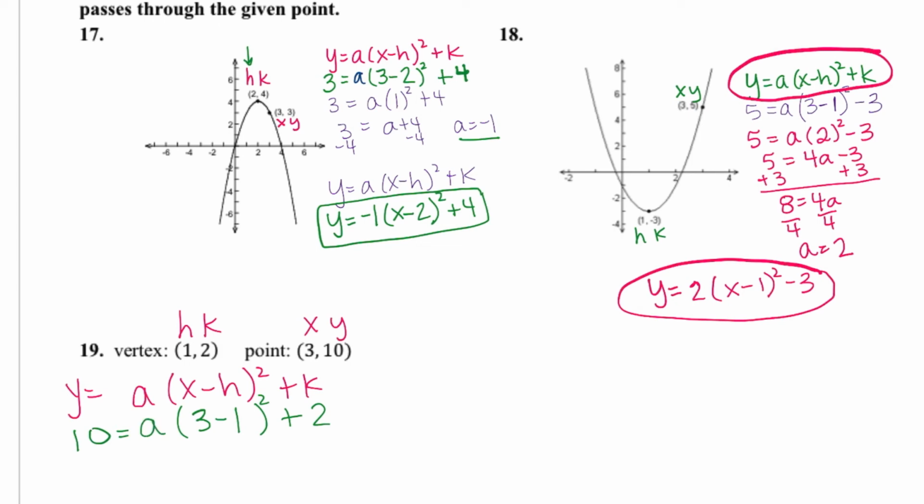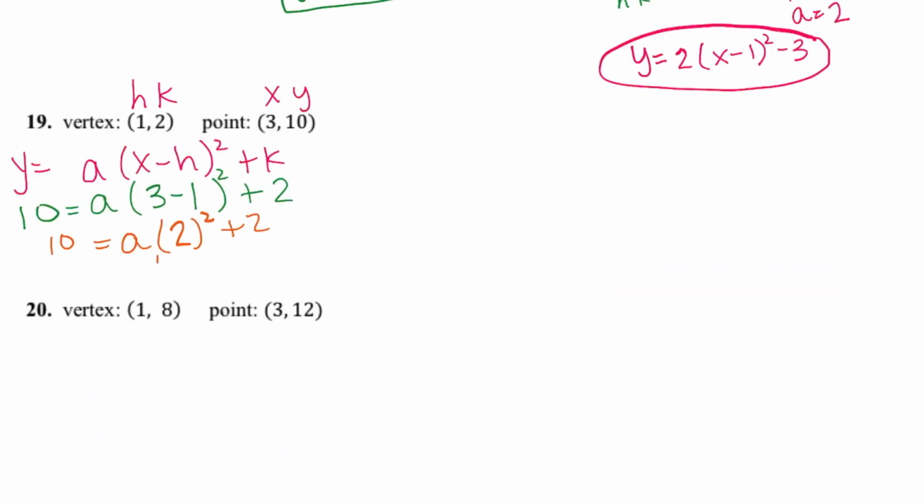I'm going to try and solve for my a value. 3 minus 1 is 2. 2 squared is 4. So I have 4a plus 2 equals 10. I minus 2. I have 8 equals 4a.